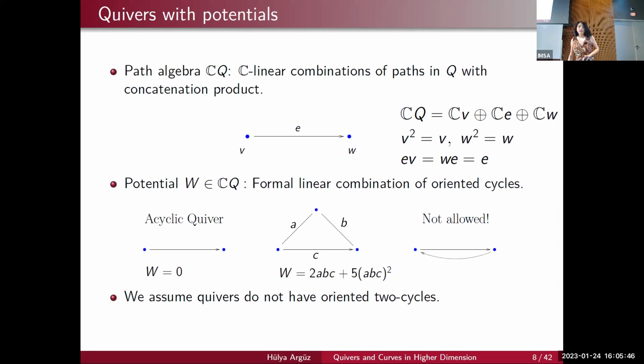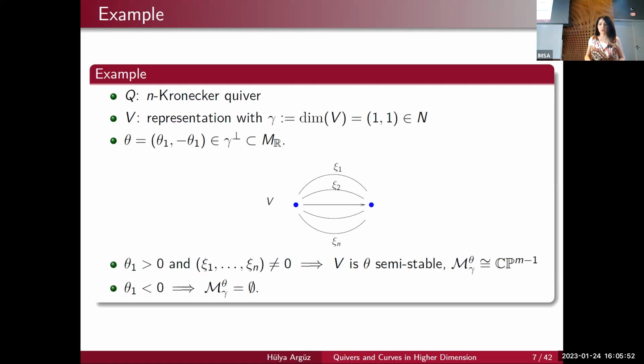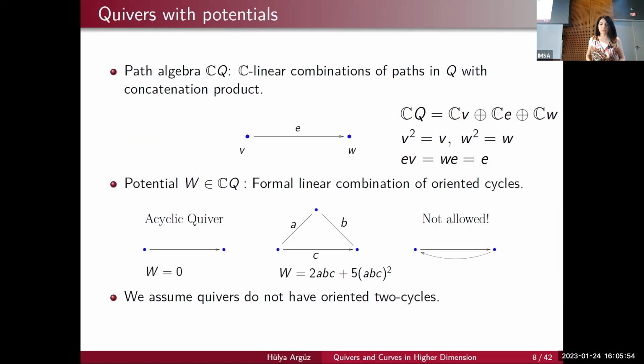And generally, we do consider quivers with potential. The m-Kronecker quiver was a very simple case where we didn't have cycles, but we consider generally the path algebra, whose elements are given by linear combinations of paths in Q, and a potential is a formal linear combination of oriented cycles.